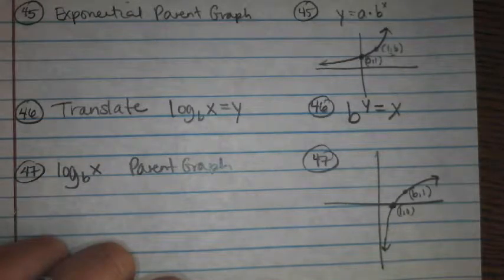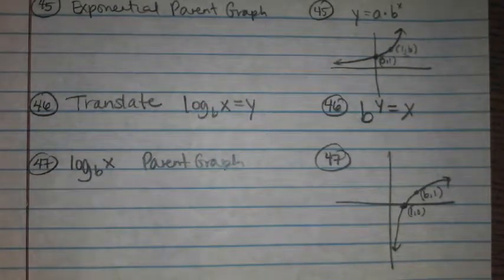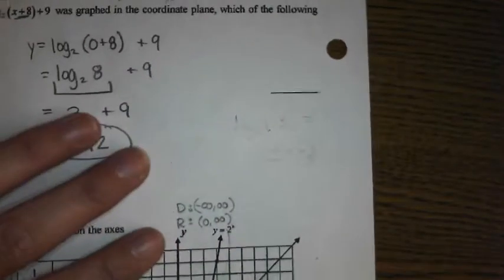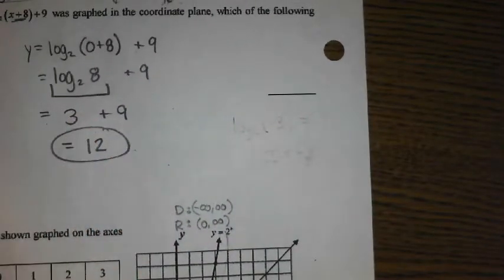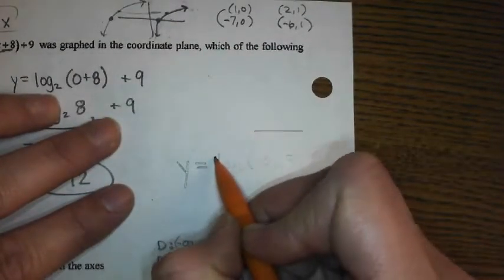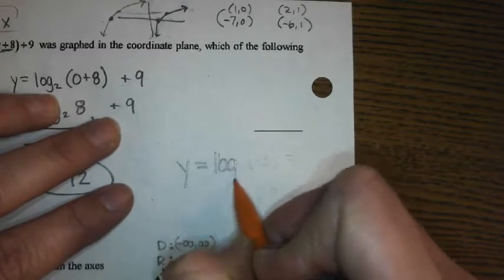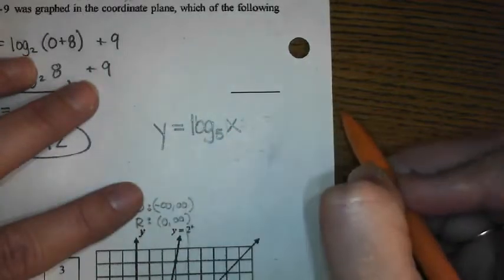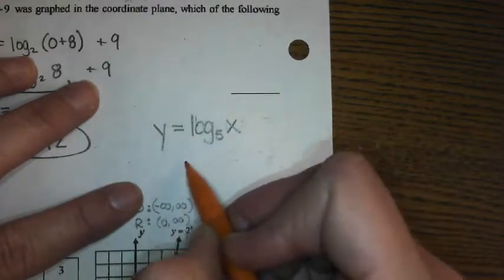Okie doke. I feel like I wanted to say one more thing. I did. If someone asks you to plot log base 5 of x using a table of values, here's the difference.